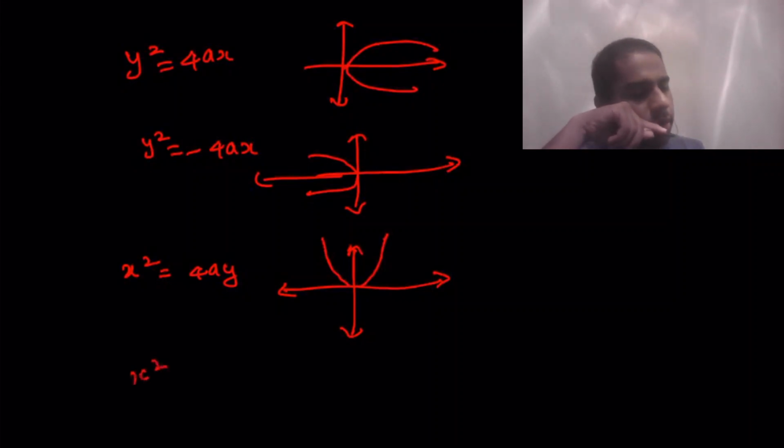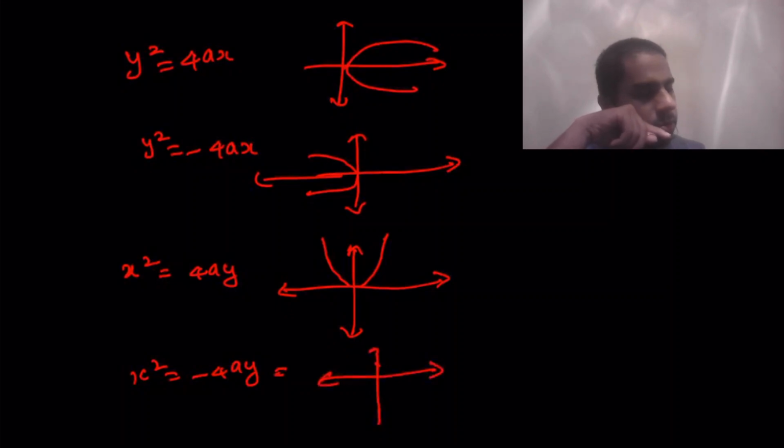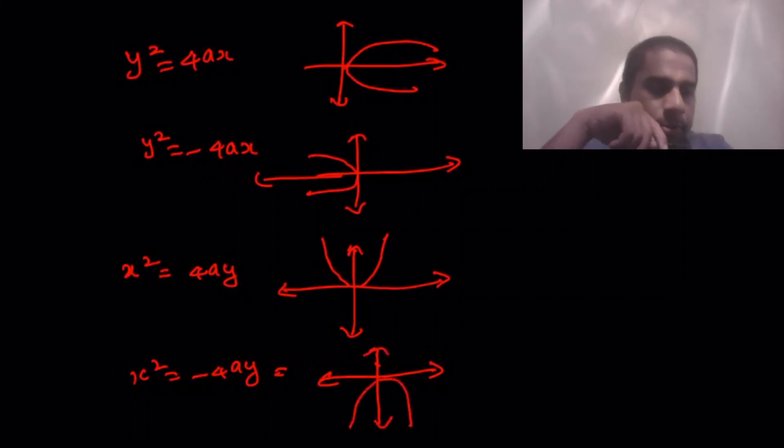For x square equal to minus 4ay, you get parabola like this. So there are a lot of questions that can be based on this.